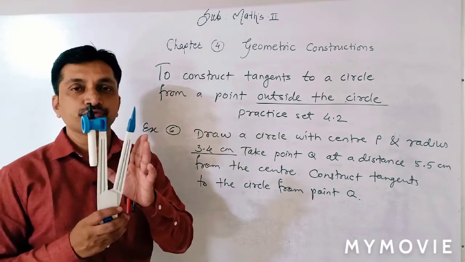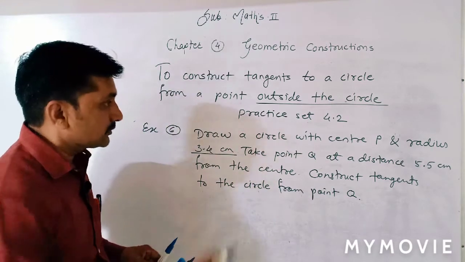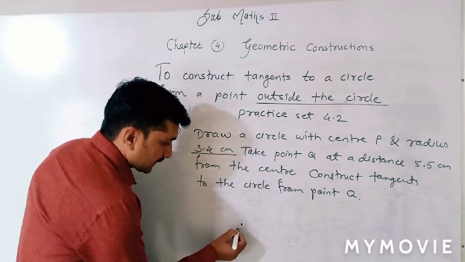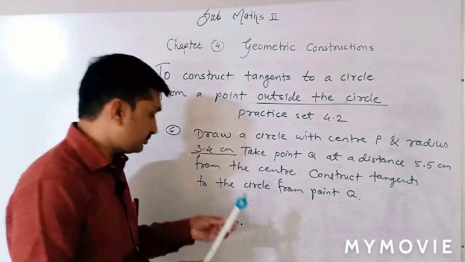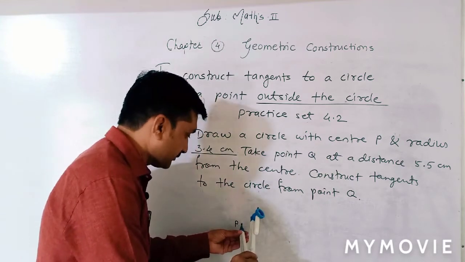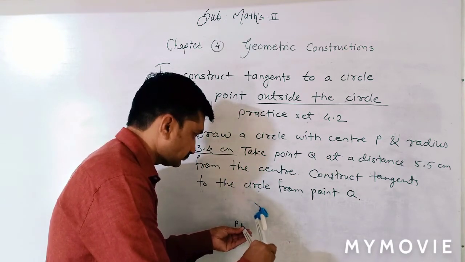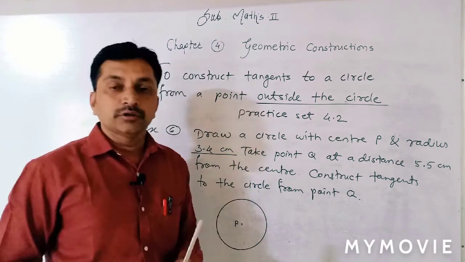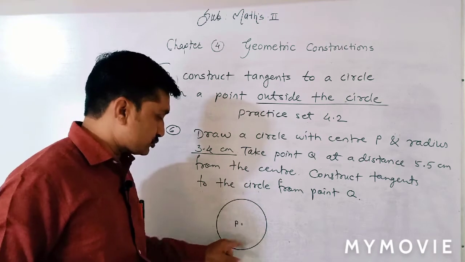In the compass you first take 3.4 centimeter distance and center P. Now here I take center P, and by taking center P, draw a circle with radius 3.4 centimeter. Now here the circle with radius 3.4 centimeter is drawn.